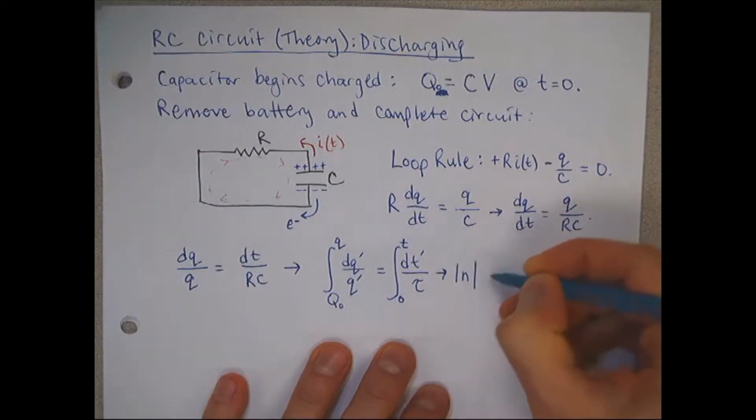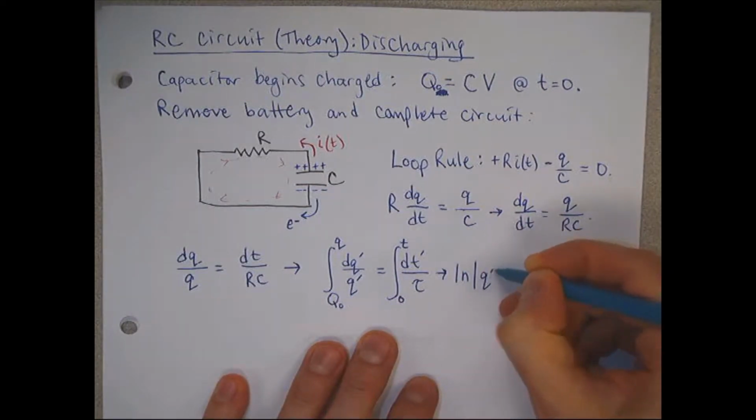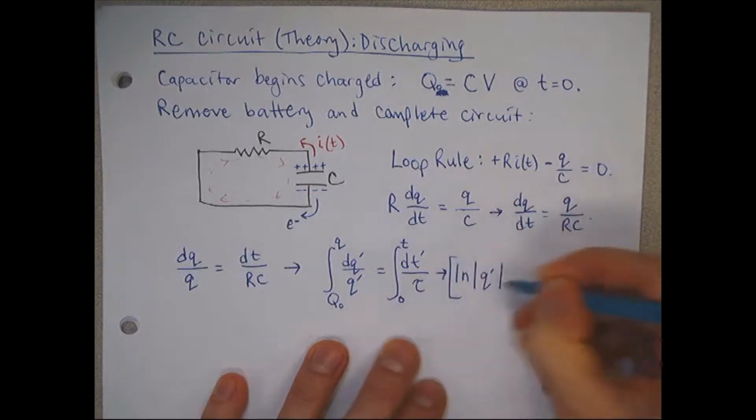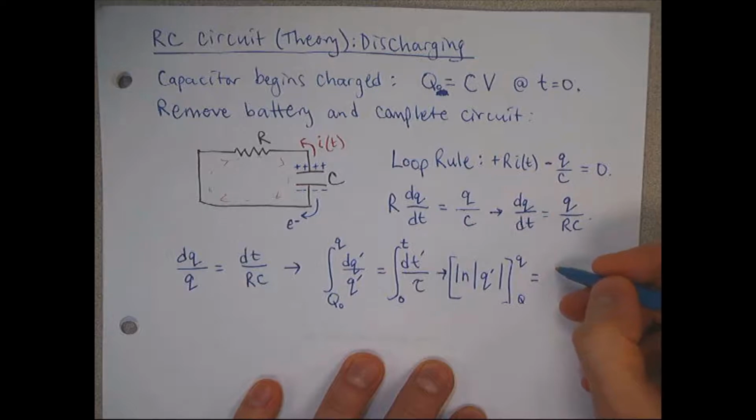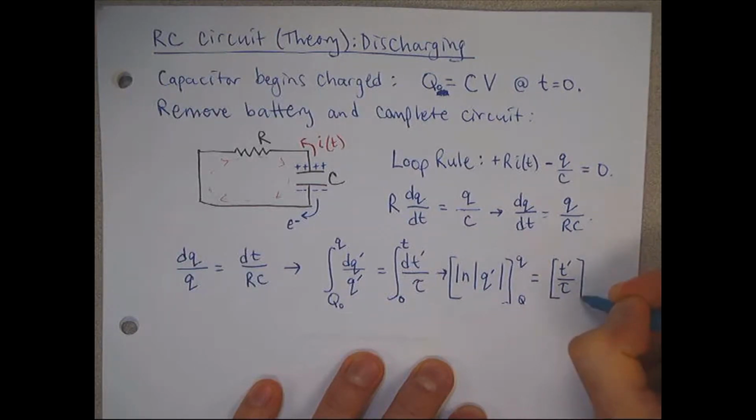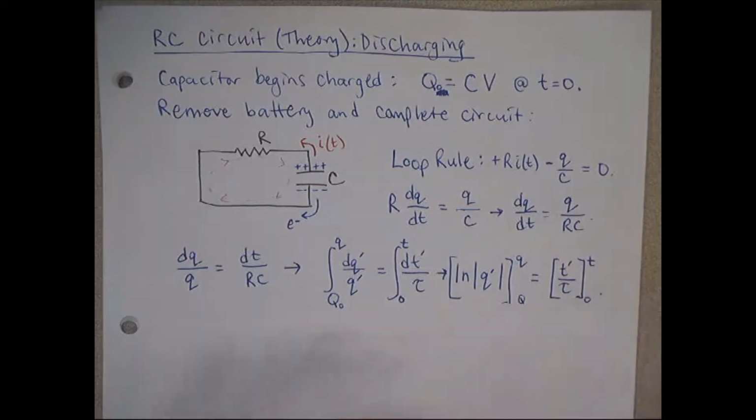So our natural log of q prime, magnitude, evaluated at our limits, is t prime over tau evaluated at the limits 0 to t.